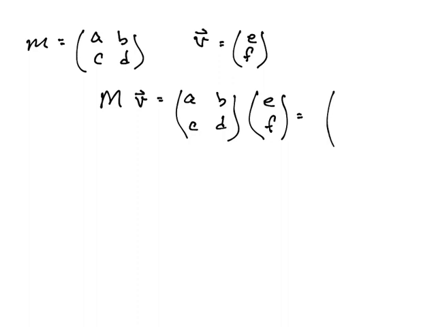So here's our vector. And the way we get the numbers is the first element, so the top number in this vector, I'm going to do in blue. And it goes like this.